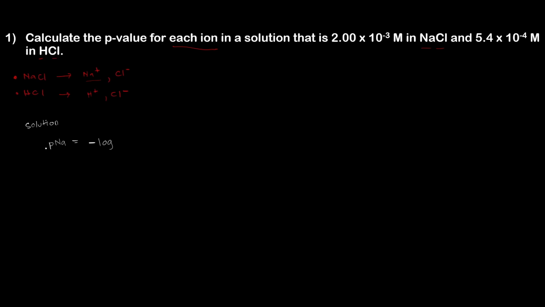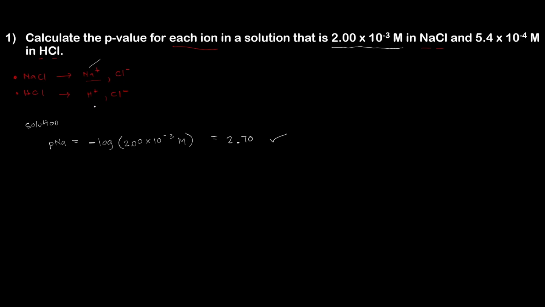So let's find the p-value of Na from this 2 times 10 to the negative 3 molar, because that is NaCl. So negative log of 2 times 10 to the negative 3 molar. Simply input it into the calculator and that is 2.70. So we got the sodium p-value.